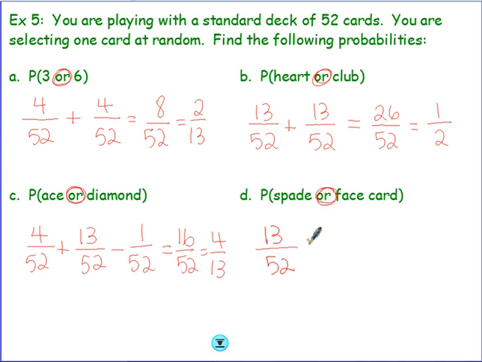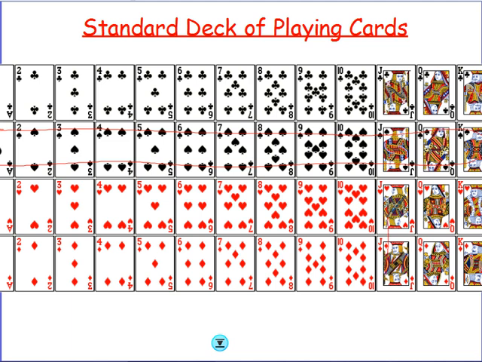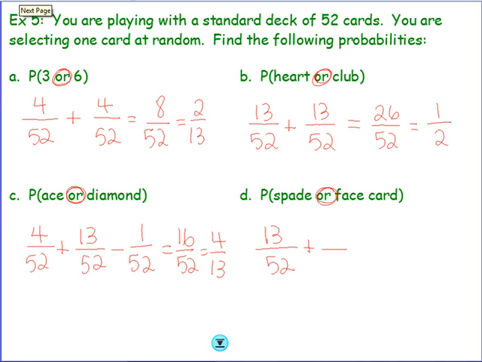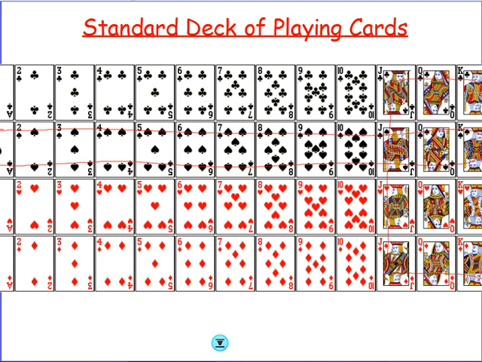Or means add face cards. Those were the guys with the faces. That was that group right there. 1, 2, 3, 4, 5, 6, 7, 8, 9, 10, 11, 12 of them out of 52. But if you notice, these 3 right here were counted in both groups.